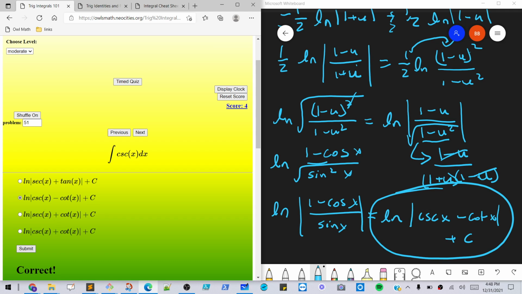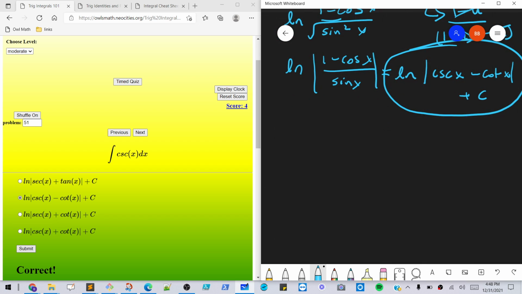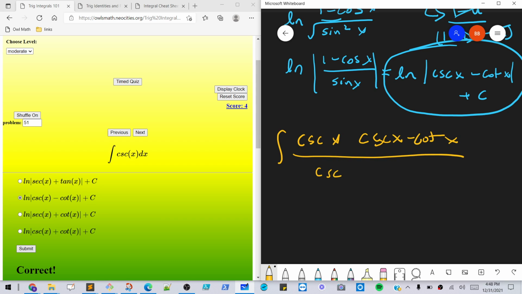And then also, I'll show you the trick real quick. Here, let's do the trick in a different color. You take this and you multiply it by this on top and bottom.